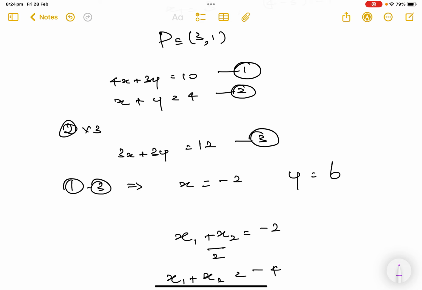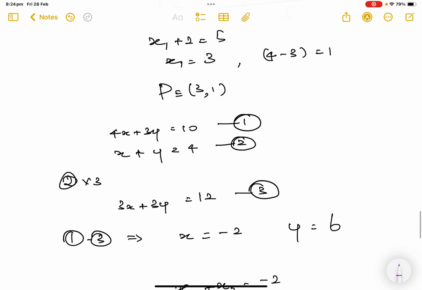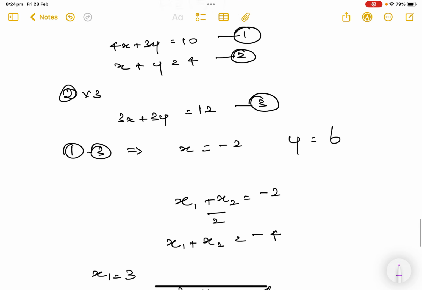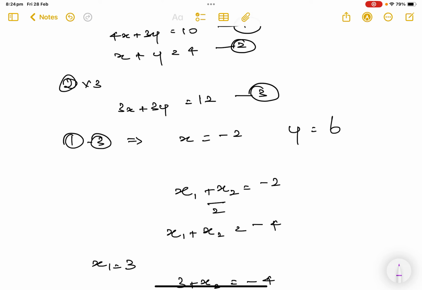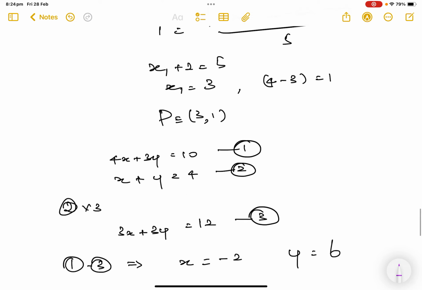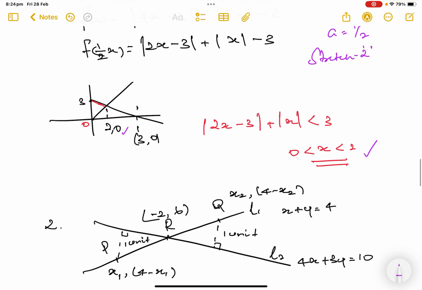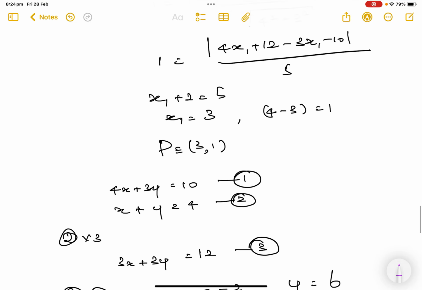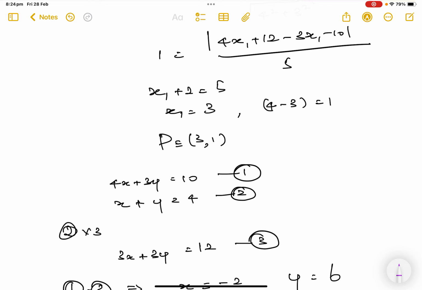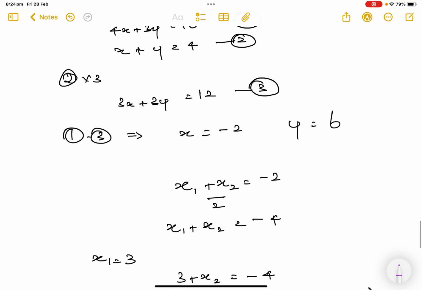That is the x coordinate of R. Then the y coordinate is simply 4 minus x, so 4 minus minus 2 is plus 2, which is 6.